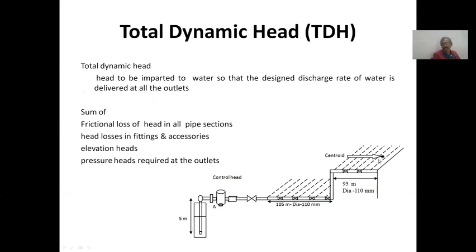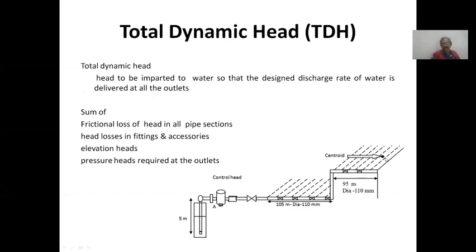So one should find out the level difference between the centroid of the critical position and also the water level in the well. So that is called elevation head to be developed by the pump maximum.